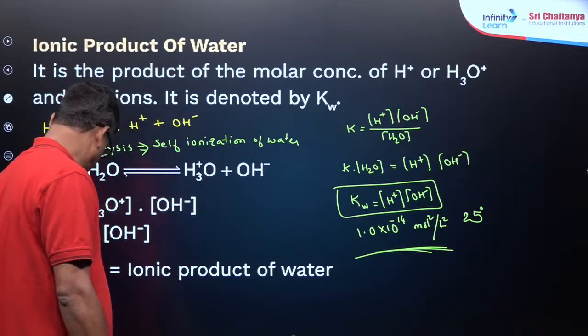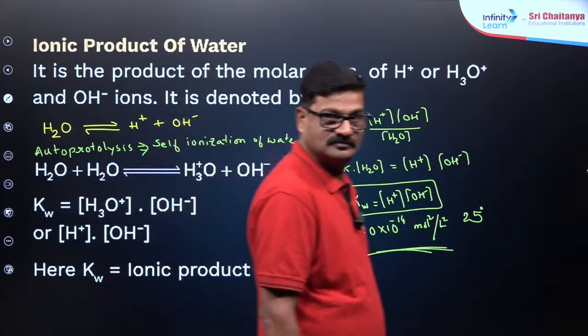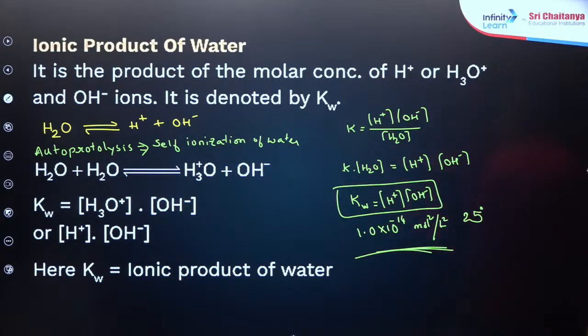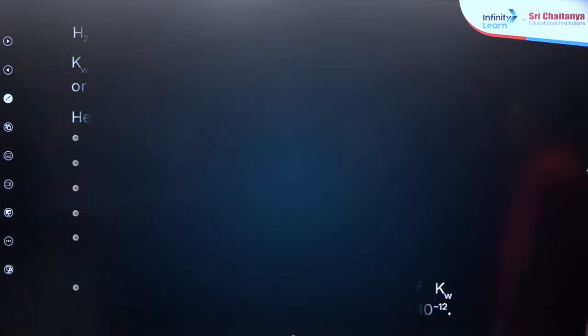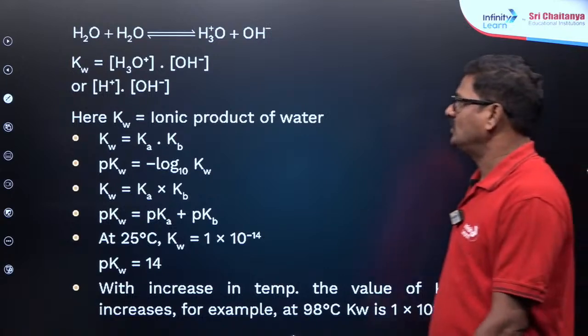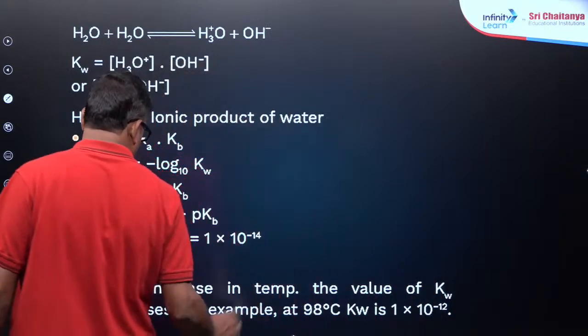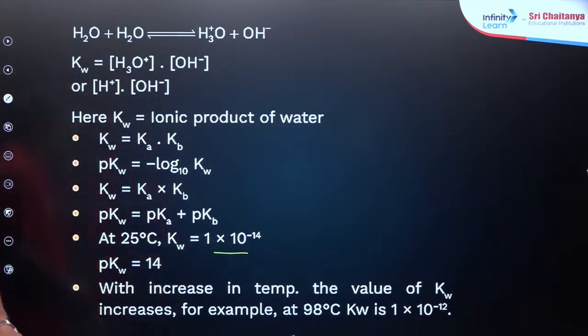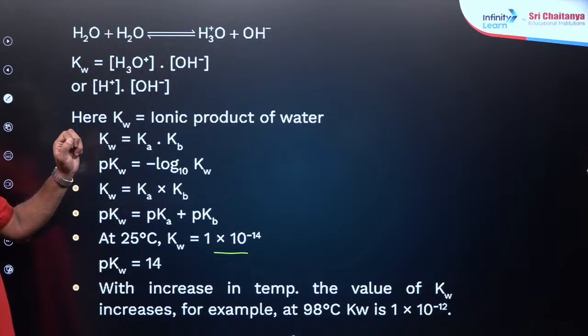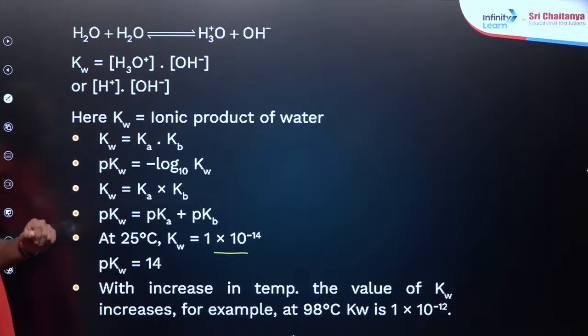Now let's see. This value is given as 1.0 into 10 raised to minus 14, and water being neutral, H plus concentration is equal to OH minus concentration, and here Kw is equal to Ka dot Kb.